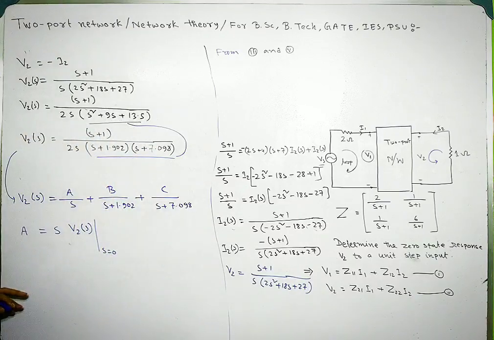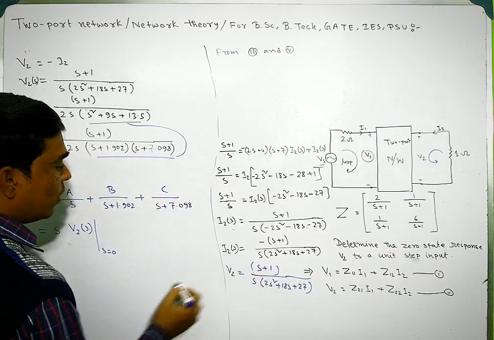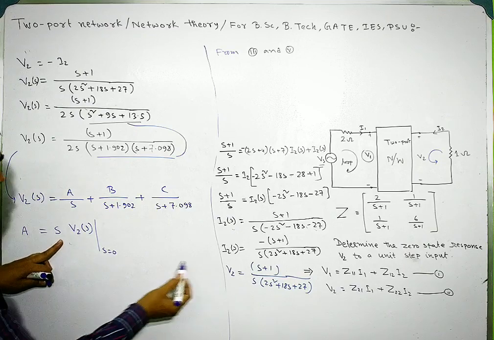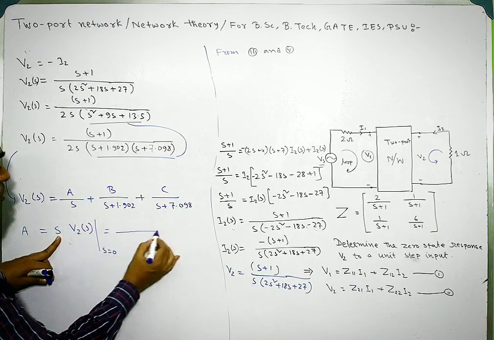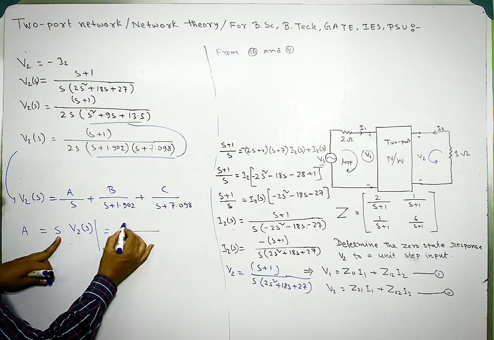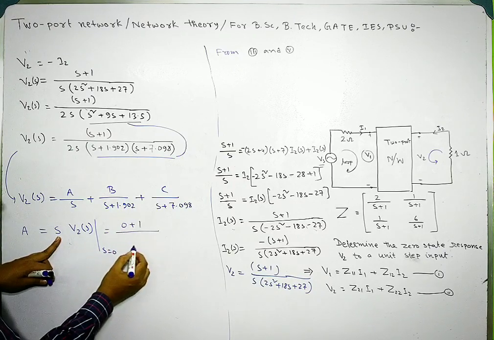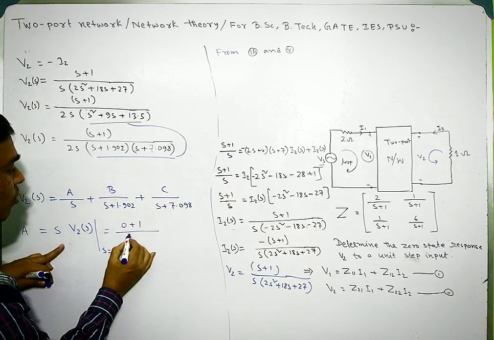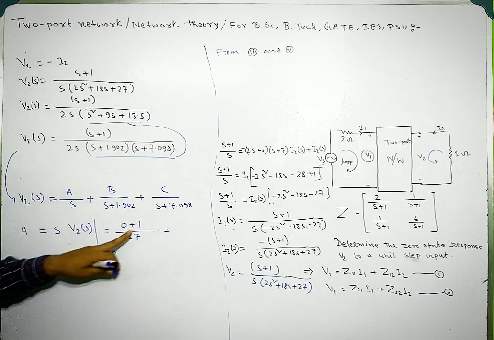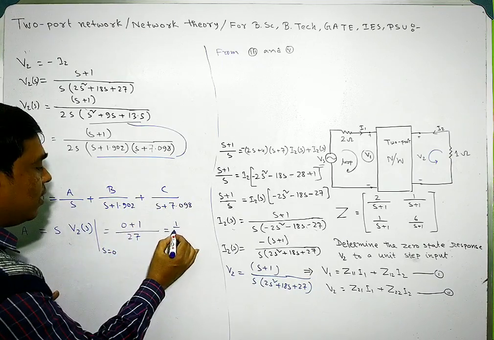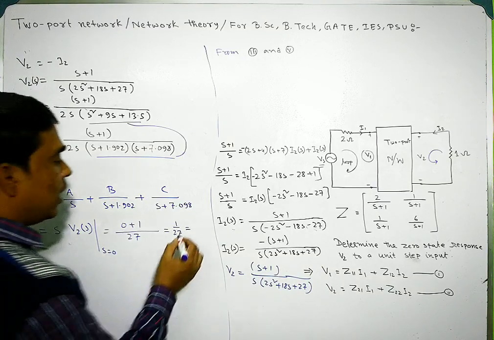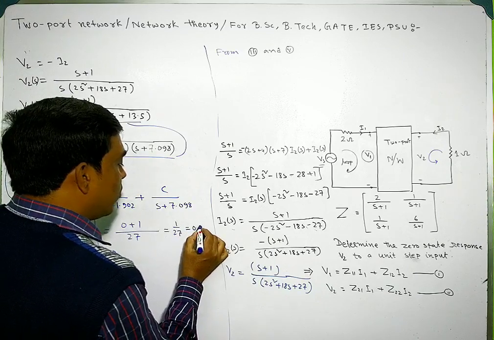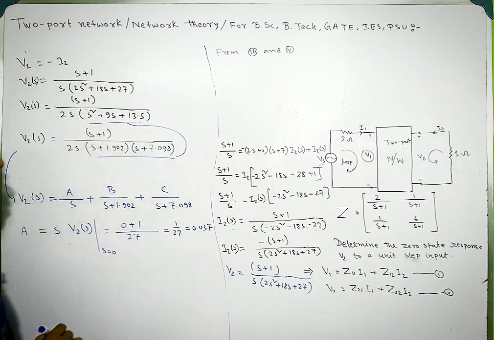So V2(s) into s, s cancels out, and with s equals 0 it will be 1 divided by, this term being 0, 27. Taking 1 by 27, it will be 0.037.